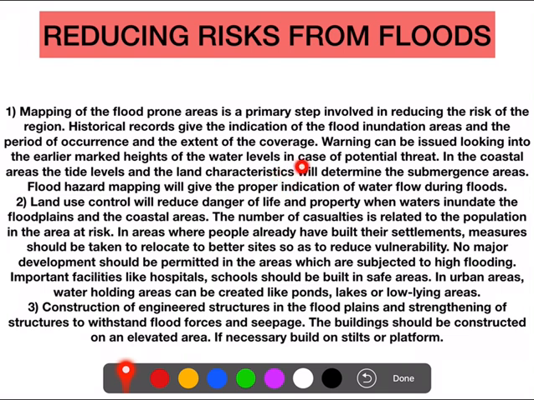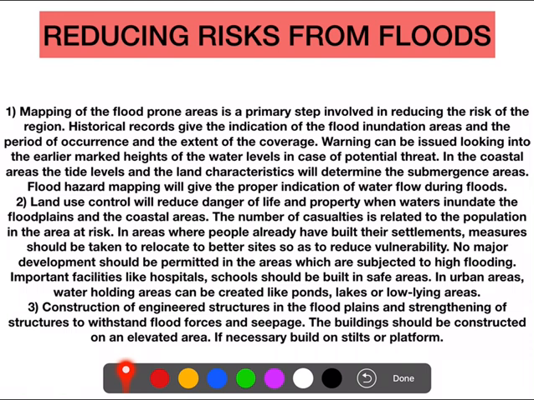Then warnings can be issued looking at the earlier marked heights. Obviously there will be heights marked near a river, especially the water levels from previous years, how much the water level has reached if there was rainfall or flooding. This is generally marked near a river.